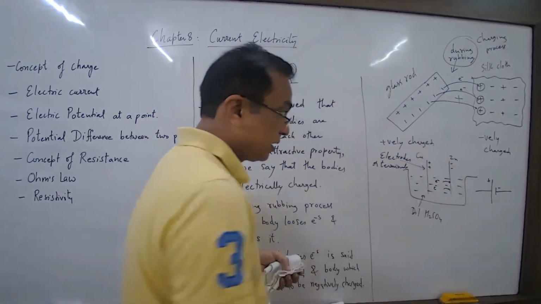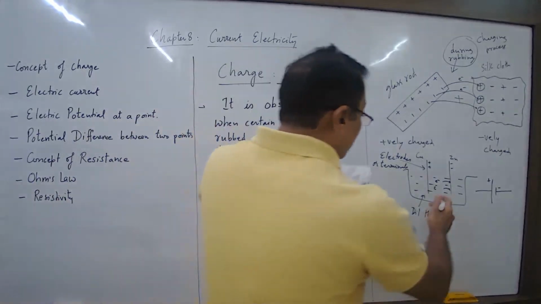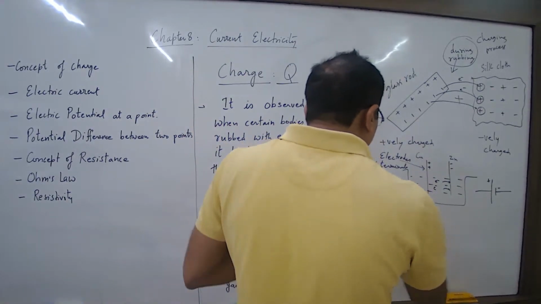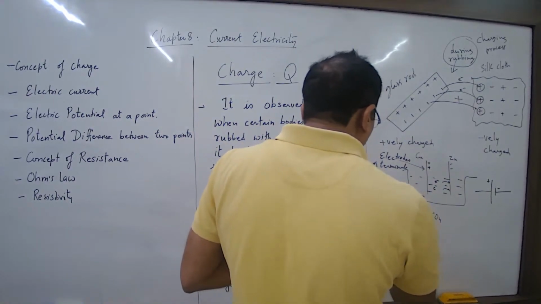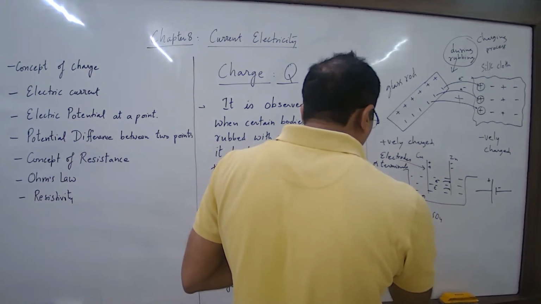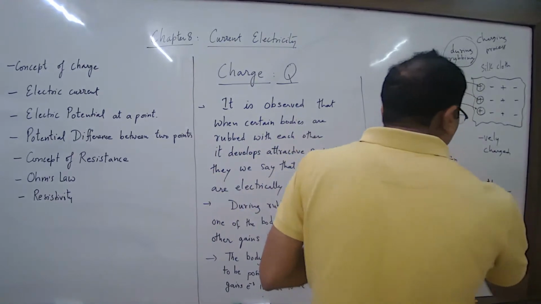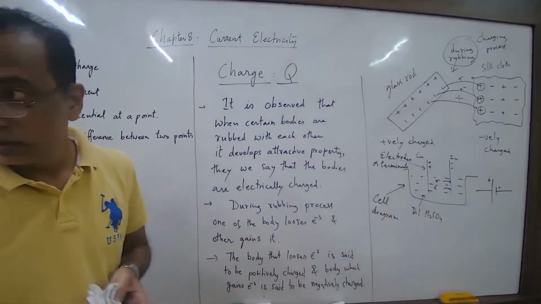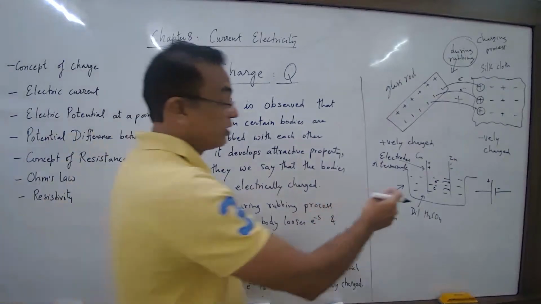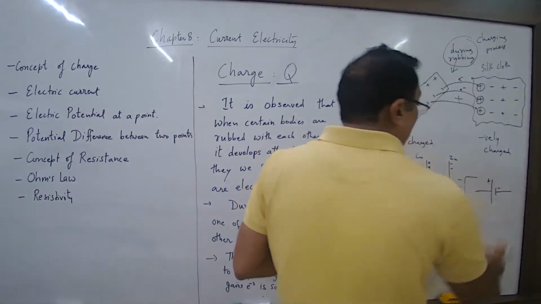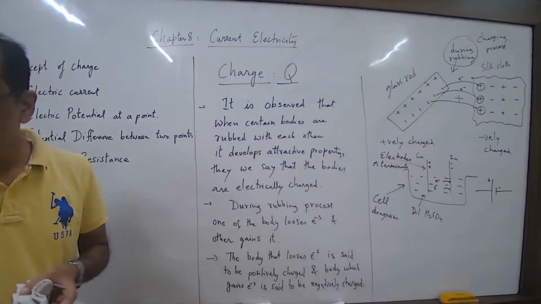So this is the schematic diagram of an electric cell. Cell diagram. Okay, and this is the symbol which we'll be using.